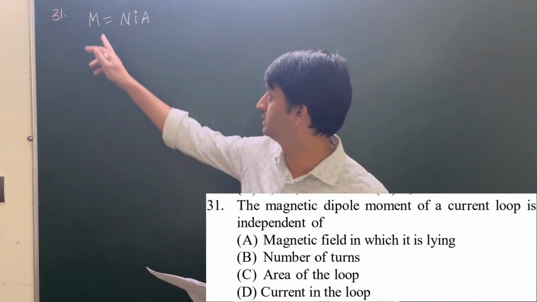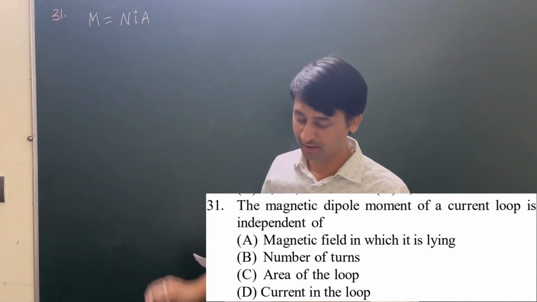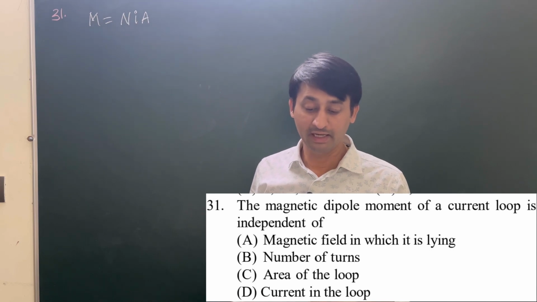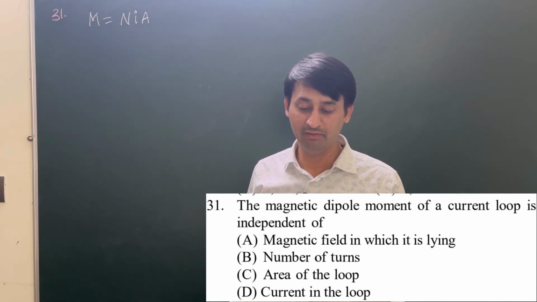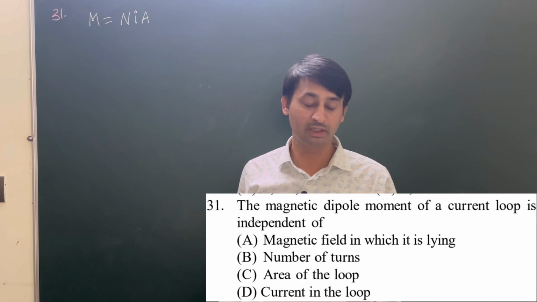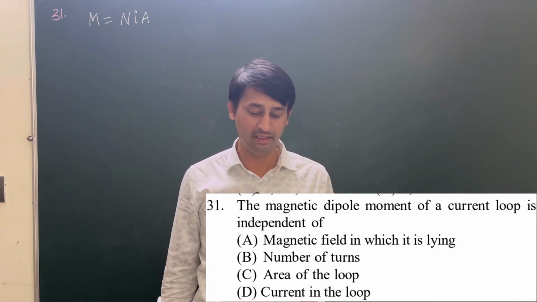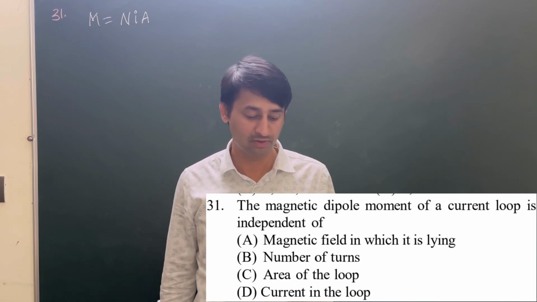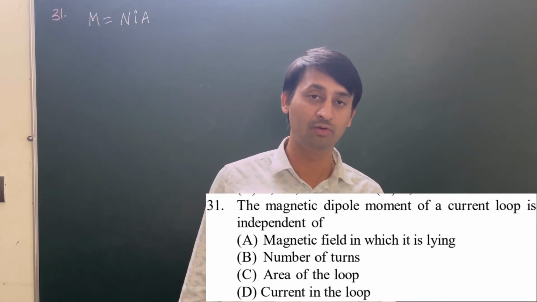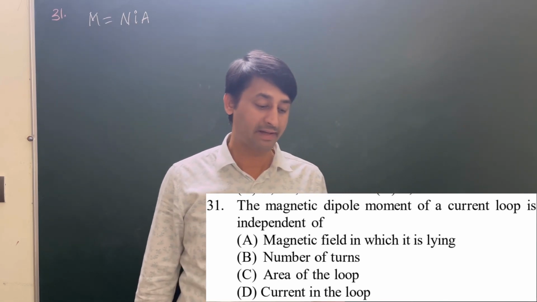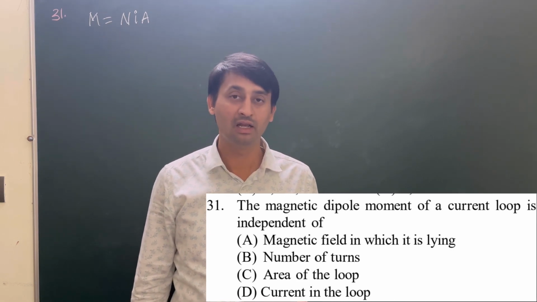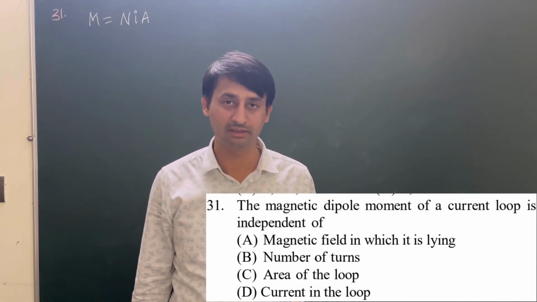That means M depends on N, I and A. It is independent of the magnetic field in which it is lying. Option A is the correct answer. Options B, C and D depend on number of turns, area of loop and current in the loop, but it is independent of magnetic field in which it is lying.